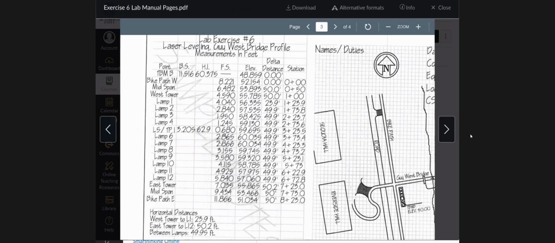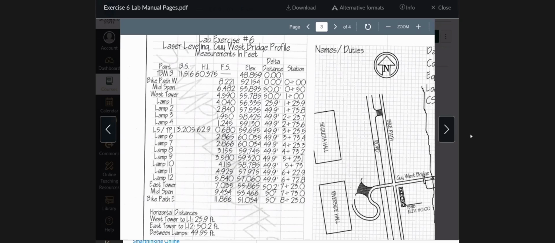That number is over 9 feet when you go out there in reality, and it shows you the bike path on the other side is like 3.5 feet taller. That's not correct either. The bike path west and the bike path east foresight will be fairly close because the elevation of the bridge in reality is really close to the same on each end of the bridge. It's not 3 feet higher on one end.